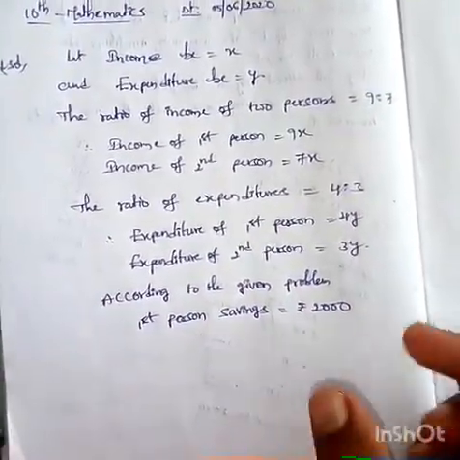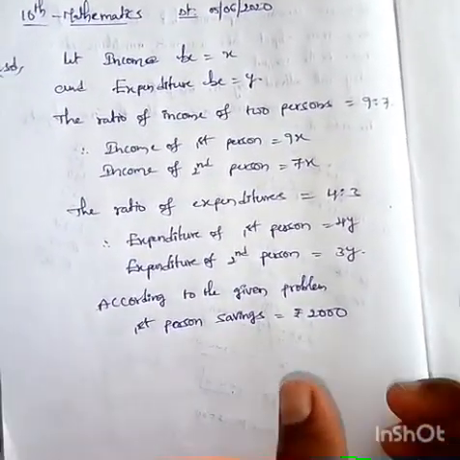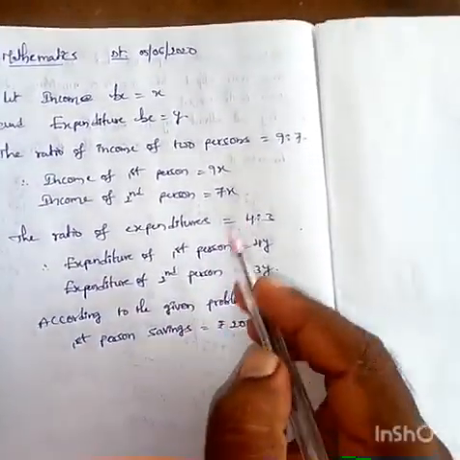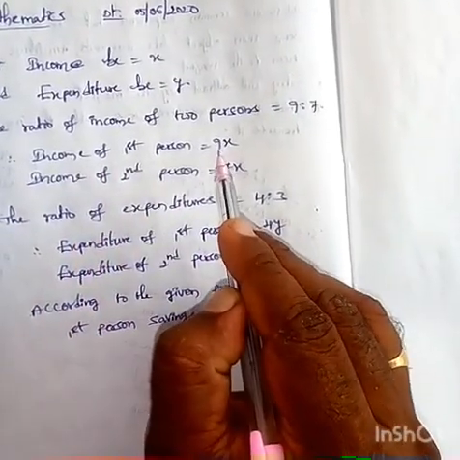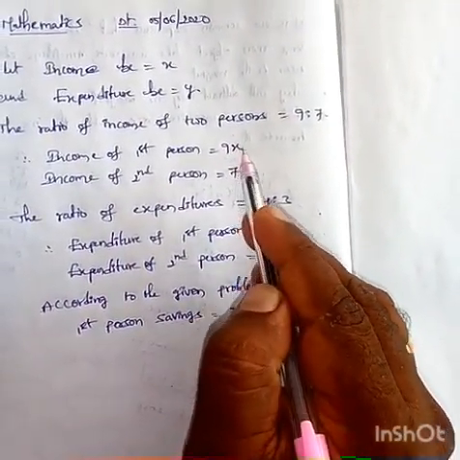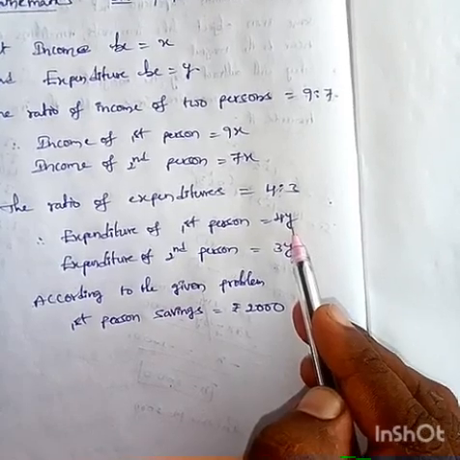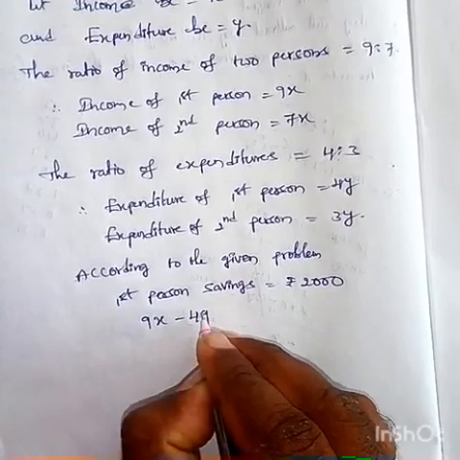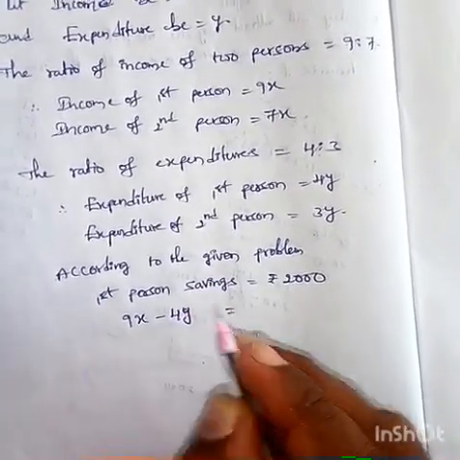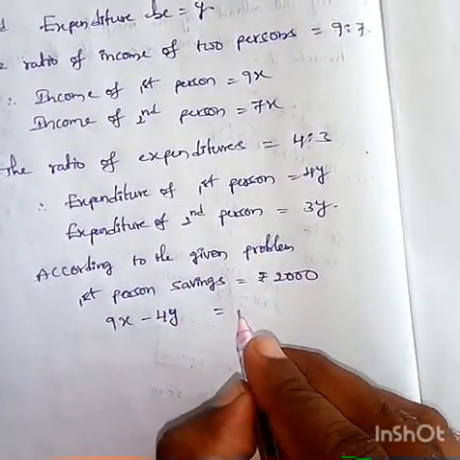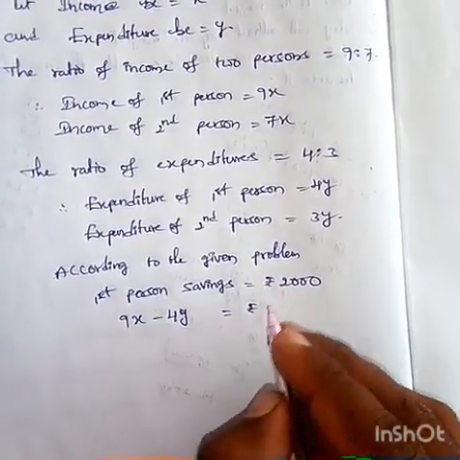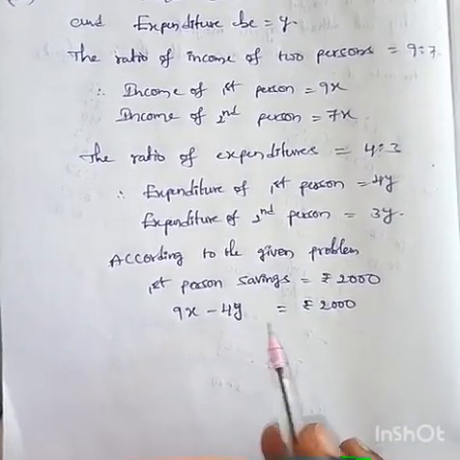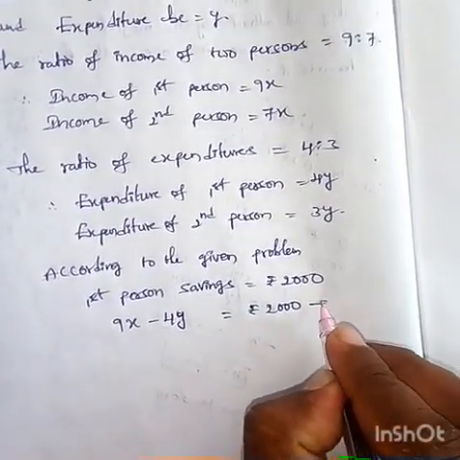So that is the saving result. So what is his expenditure and what is his income here? Here the first person income is 9x rupees and his expenditure is 4y rupees. So 9x minus 4y. This gives the result of his savings. So what is his savings according to the problem? That is 2000 rupees. Therefore 9x minus 4y equal to 2000 rupees.